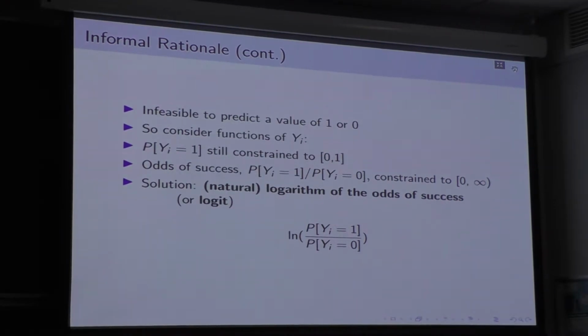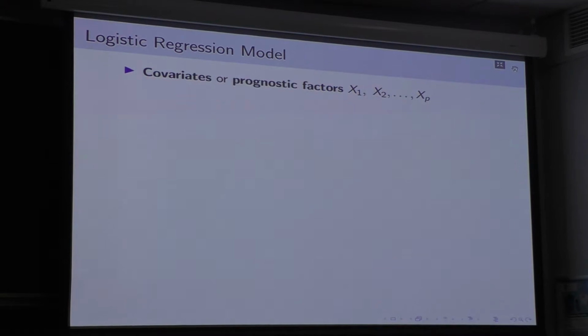So what we actually do then, oh sorry, I'm just introducing some extra terminology here. The x's in this case, we've already just generally referred to them as variables or factors. I've used the term covariates quite a lot, but in a medical setting they're often called prognostic variables or factors, because this is about predicting the course of a disease.